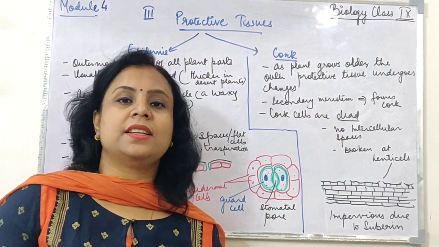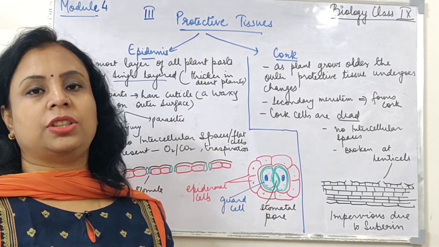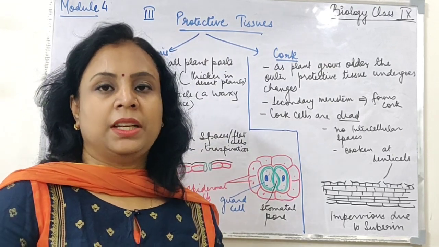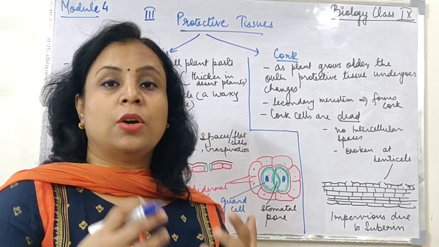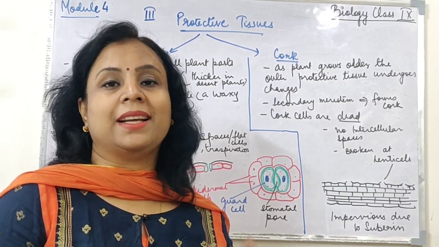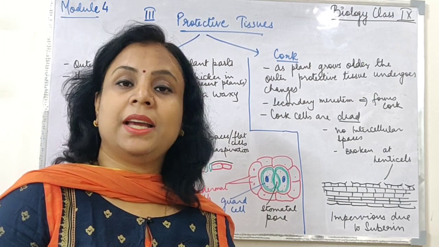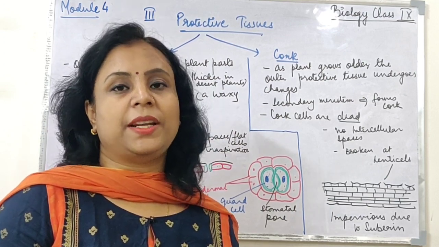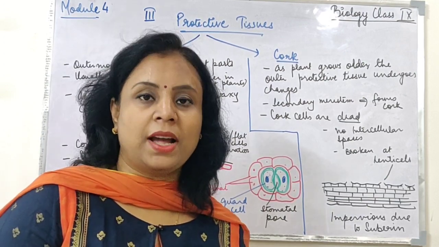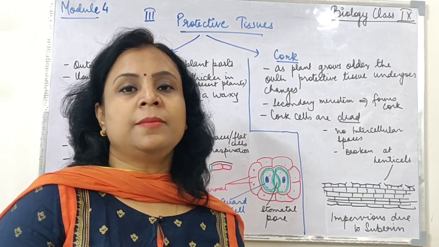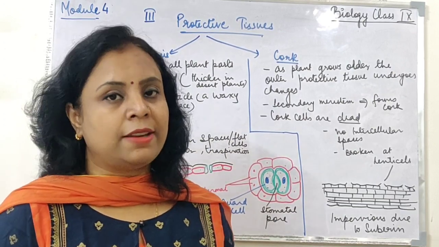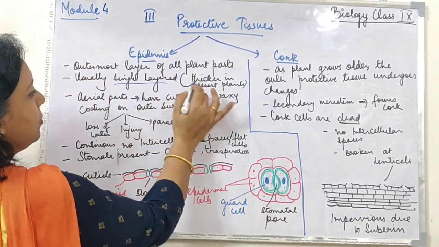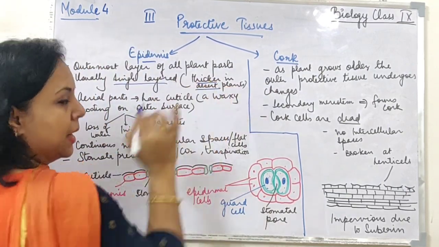Yes, the reason is extra protection from enemies like animals, and from loss of water, because excessive loss of water may occur by transpiration, which may lead to drying of plant, and due to excessive drying the plant may not survive also. So it is thicker in desert plant.